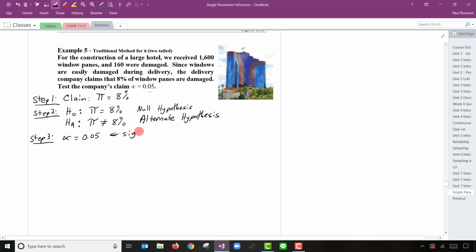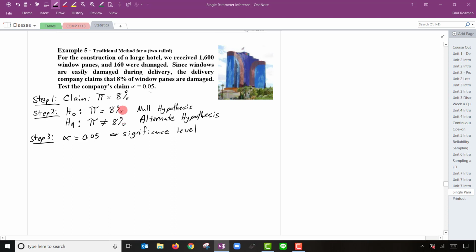This is called the significance. Basically, what this means is we will accept that there's a 5% chance that we are going to reject the null hypothesis, even though it's true.